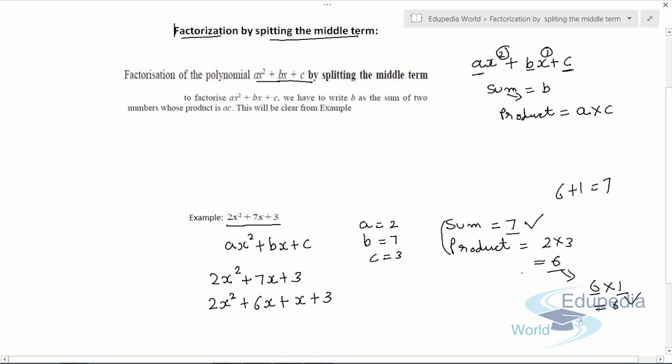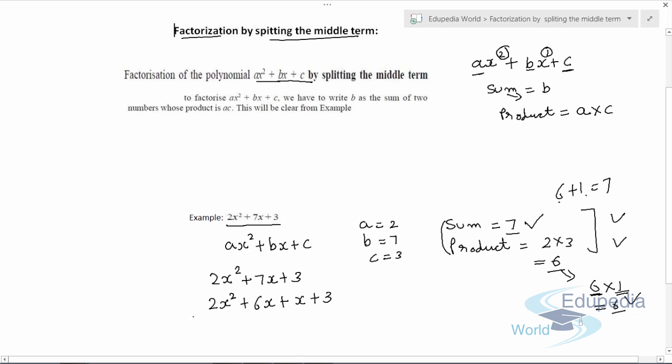So here we have broken 6 into two parts, 6 and 1, since the multiplication of 6 and 1 is 6 and the sum of 6 and 1 is 7, and it satisfies both criteria. So these two numbers can be used as factors.